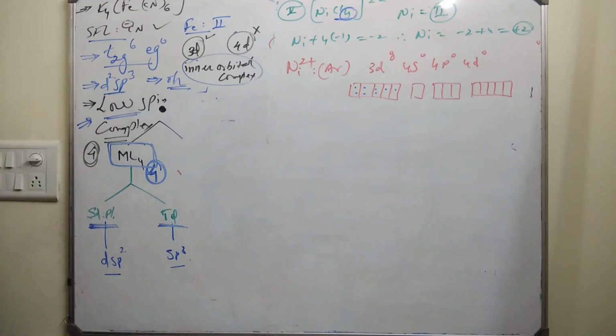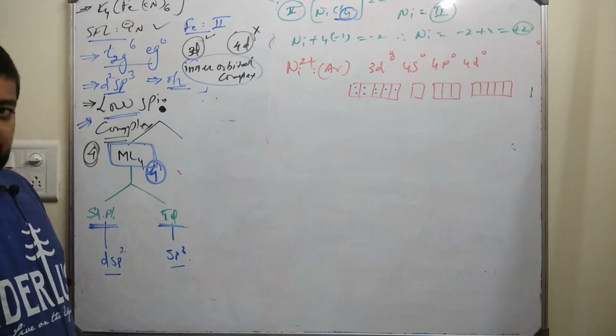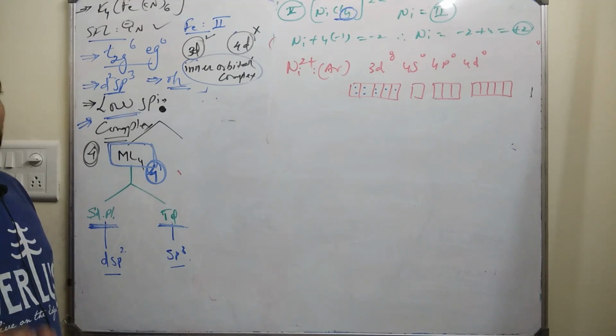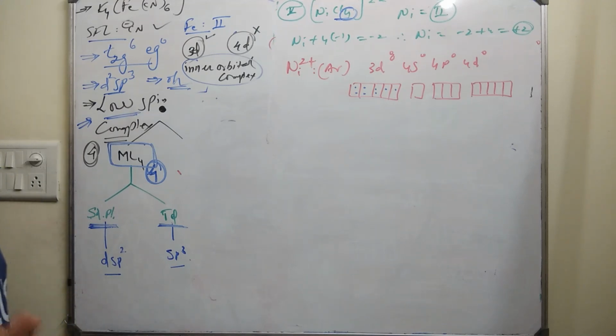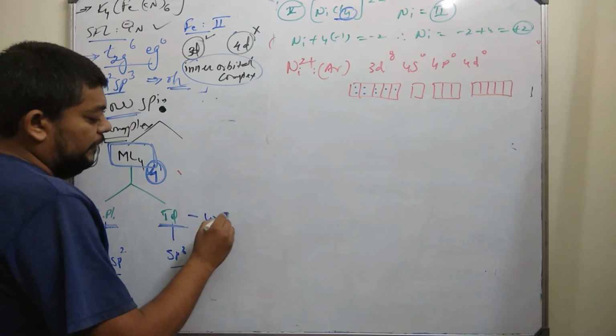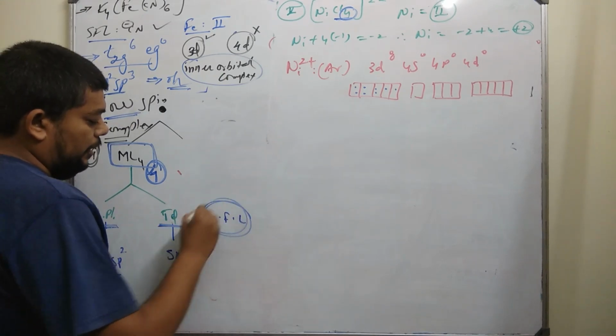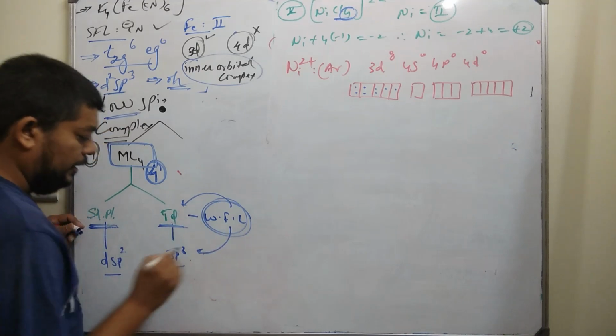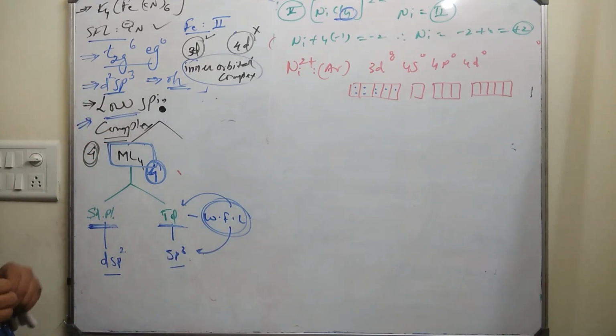Which one to select? In most of the cases, if at all Jahn-Teller distortion is not there, the exception that we saw just now, for a weak field ligand, your answer should always be tetrahedral and sp3.